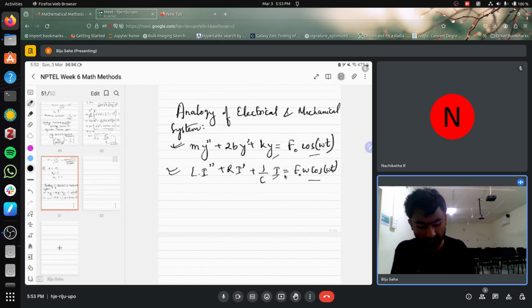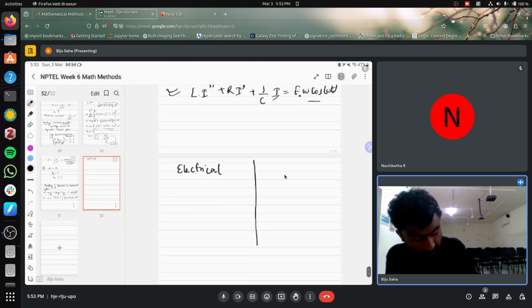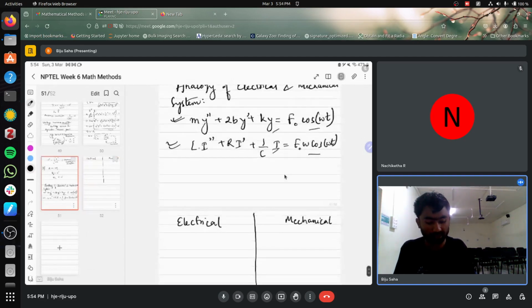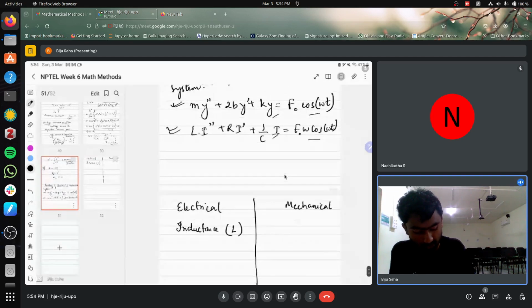So for the electrical system, and we have this mechanical system on the other side. When you compare, you get to see that inductance L corresponds to the mass in the mechanical system.